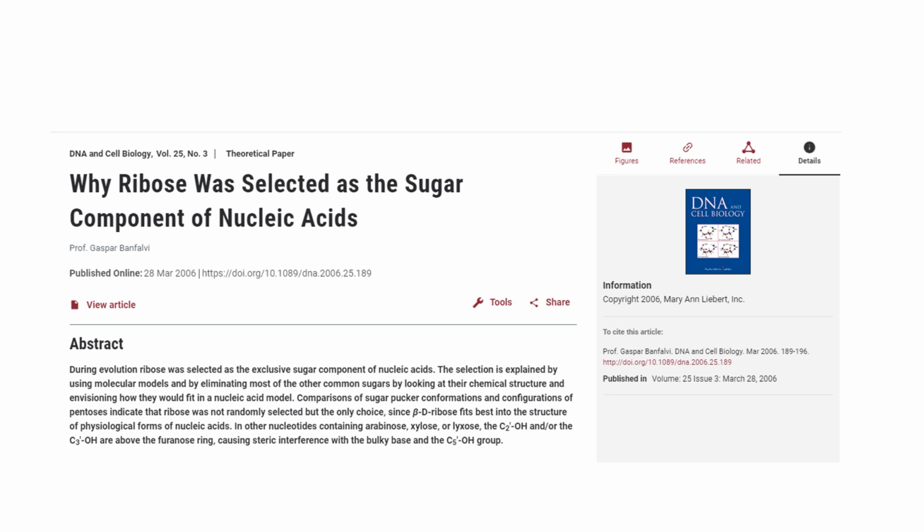And there is, in fact, a very rich chemical synthetic literature on xenonucleic acids, where synthetic chemists have used sugars other than D-ribose to synthesize nucleic acids.